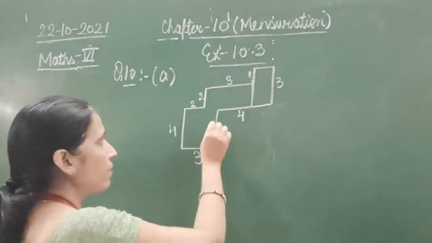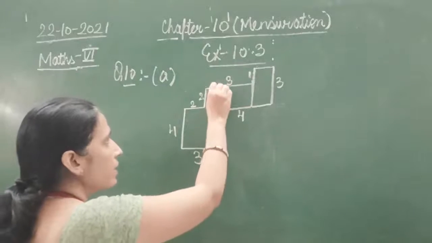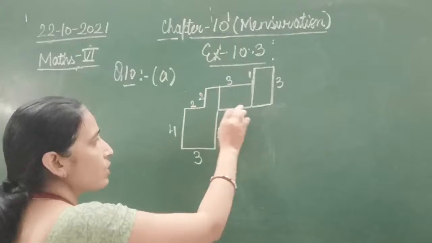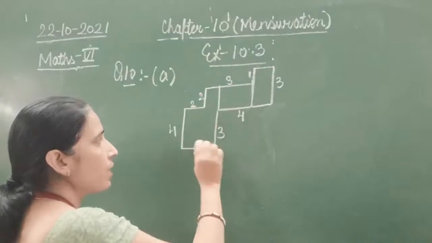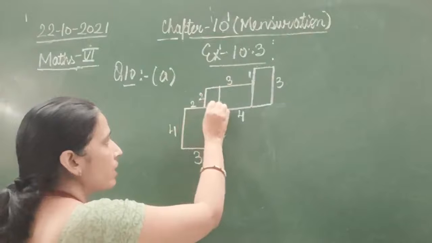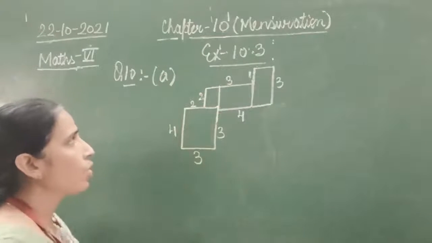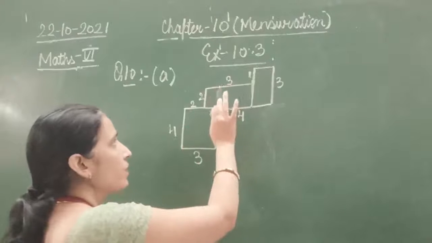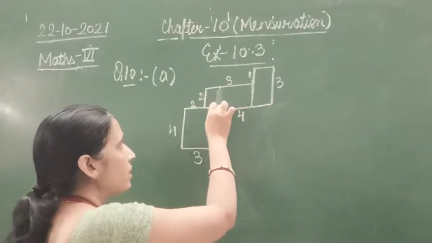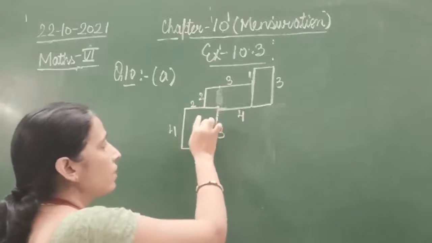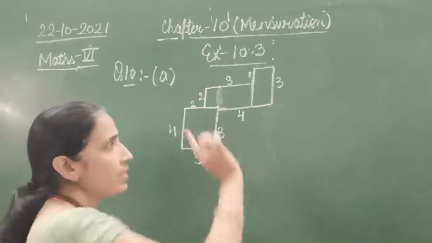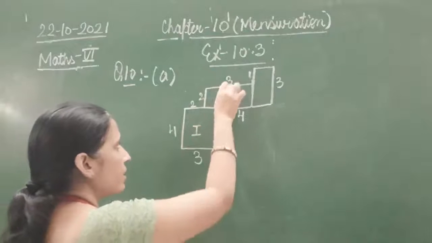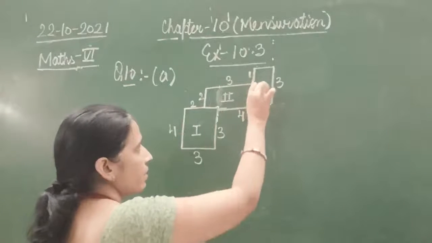Then we have another figure, this one, which we can join, or we can join this middle one, and then one more, that is this one. So we can join these and make certain rectangles. Here we can make this rectangle, this 1, 2 and 3; see, this is first, this is second, and this is third.